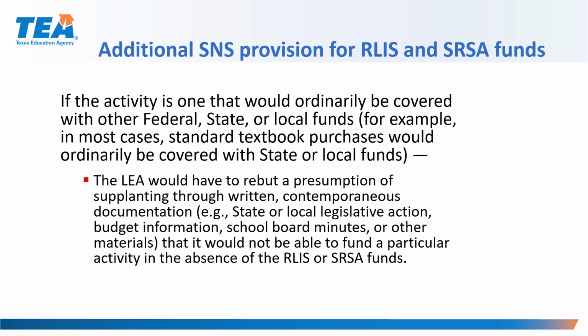In this case, the LEA would have to rebut a presumption of supplanting through written contemporaneous documentation, for example, state or local legislative action, budget information, school board minutes, or other materials, that it would not be able to fund the particular activity in the absence of the RLIS or the SRSA funds.